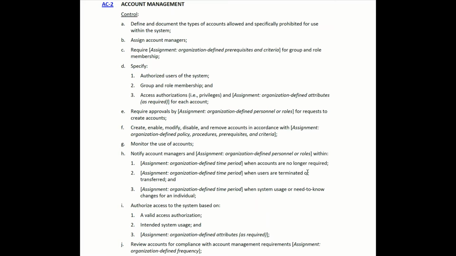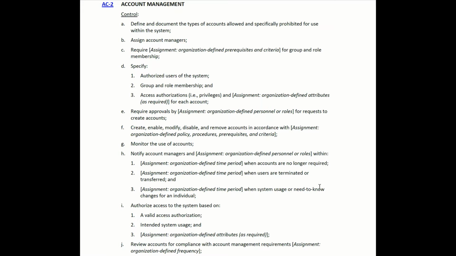So maybe the ISSO is the person that needs to be notified. And if someone gets terminated, someone gets fired, the ISSO will be notified, or the system owner will be notified. Whoever that role is will be notified. If the person is transferred, that person will be notified.